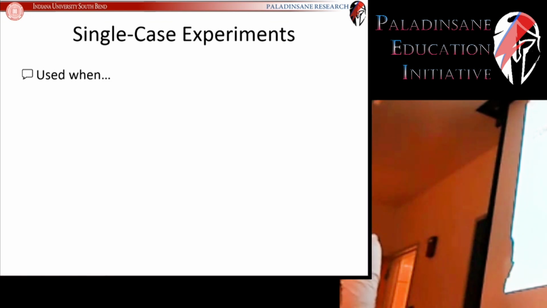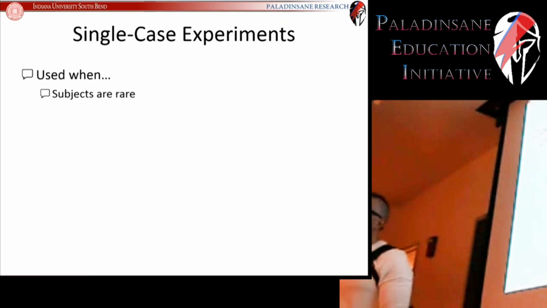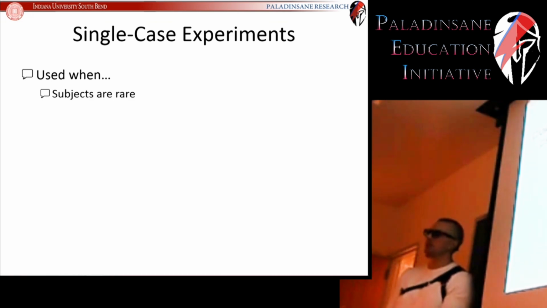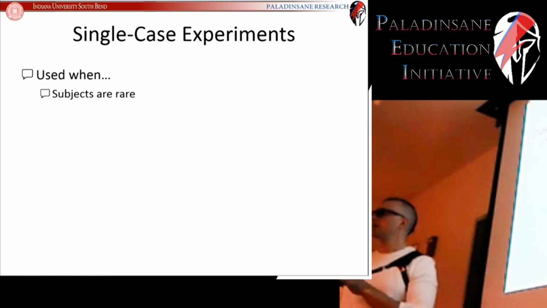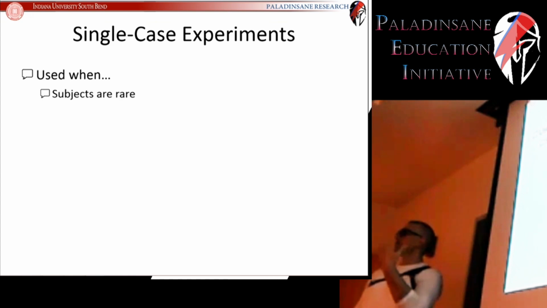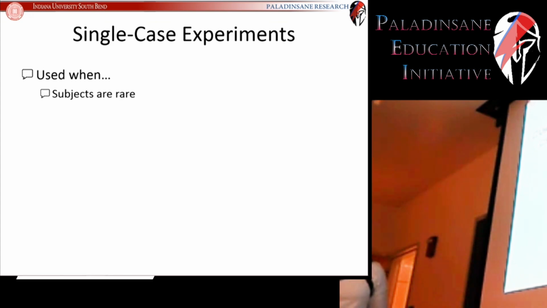So they're often used in clinical trials, clinical interventions. They're also often used when subjects are rare. So if you're outside of clinical psychology, if you're in experimental psychology or in other areas of psychology, you might deal with rare subjects that just because of their characteristics don't occur very often.